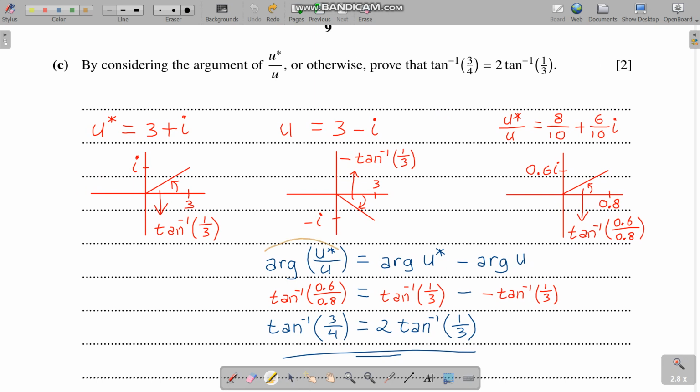Okay, so the argument of u star over u is inverse tangent 3 over 4, and the argument of u star is inverse tangent 1/3. The argument of u is minus inverse tangent 1/3. So we have minus minus, which is plus. That's why we have 2 times inverse tangent 1/3, which is what we need to prove. Alright, I'll see you again next time.